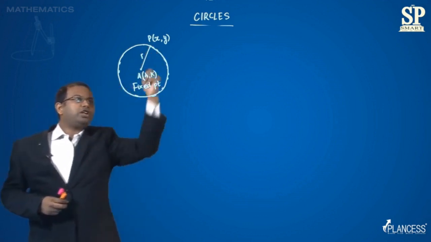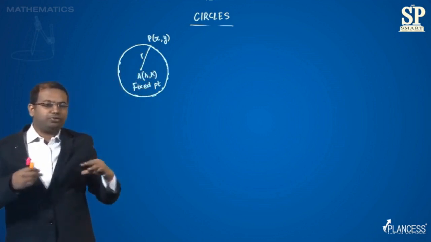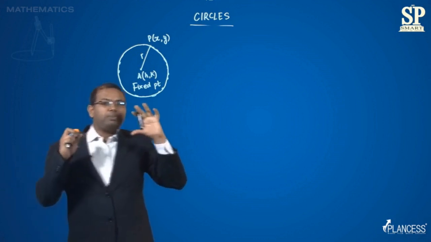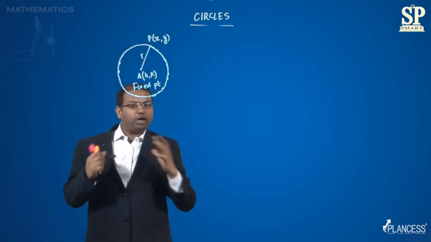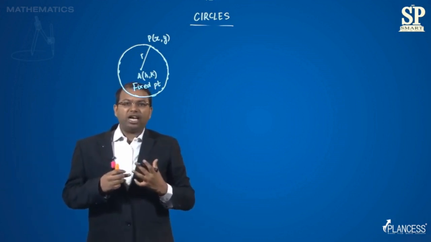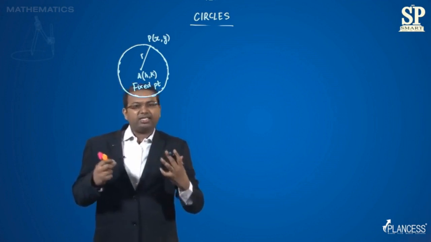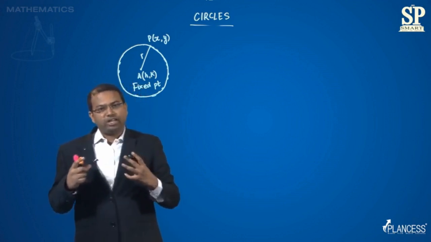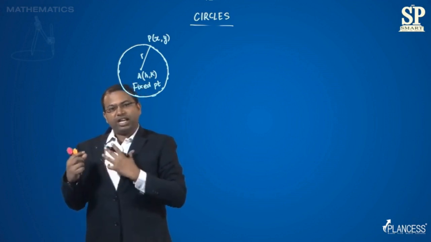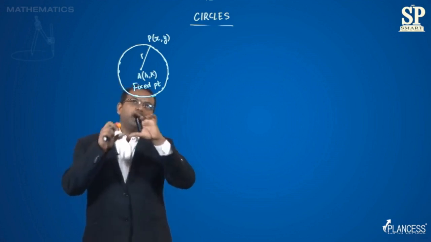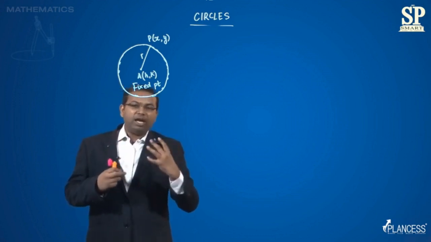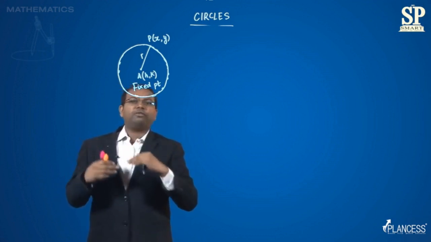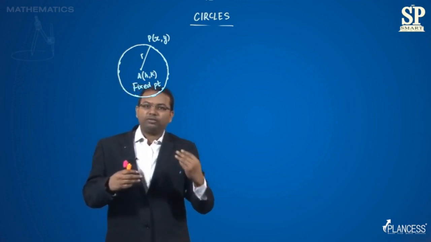Now in order to find the equation of a circle, we are trying to represent the circle in the form of an equation. Coordinate geometry, as we have already discussed, is a mixture of algebra and geometry. What we want to do here is use the techniques of algebra to represent this geometrical shape and then study the technicalities of the circle in terms of algebra.